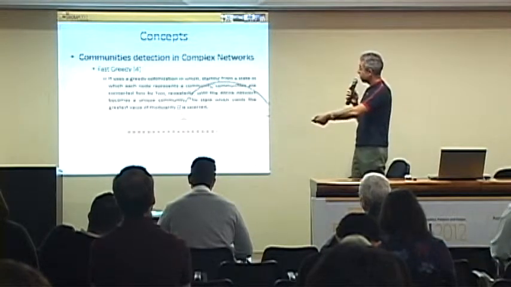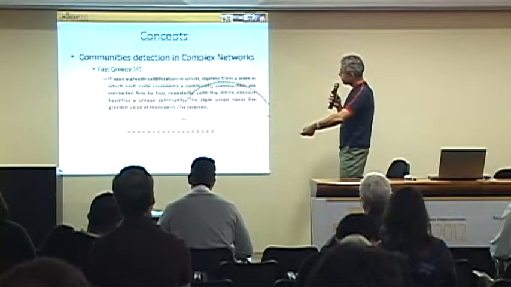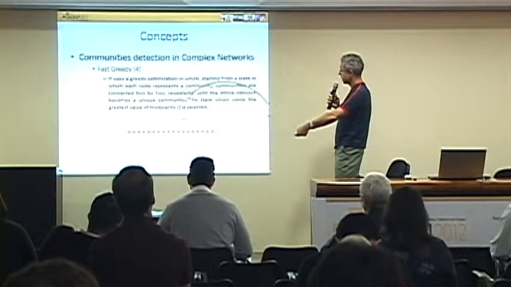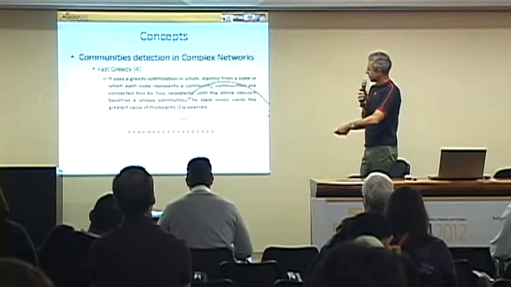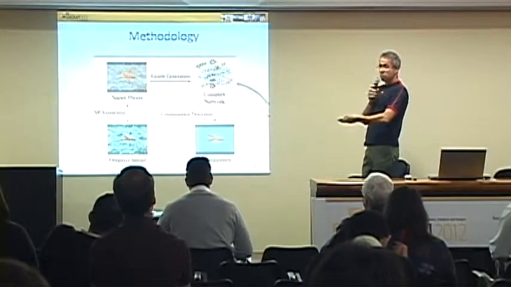So then we end up with, in this case, 2 communities, each one formed by 1, 2, 3, 4, 5, 6, and the other one also by 6 elements. That's just a simple example. Okay? Right, so how do we do that?